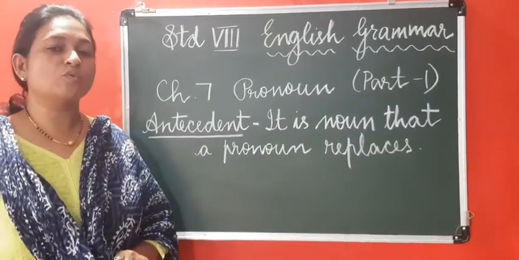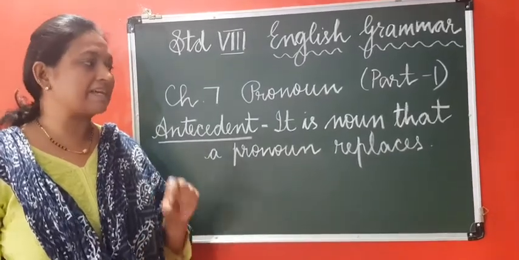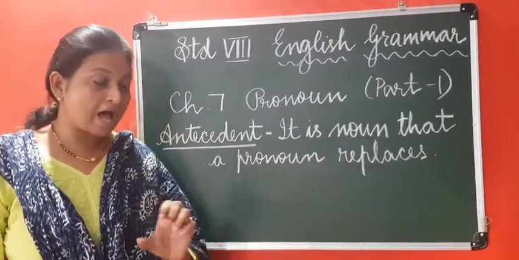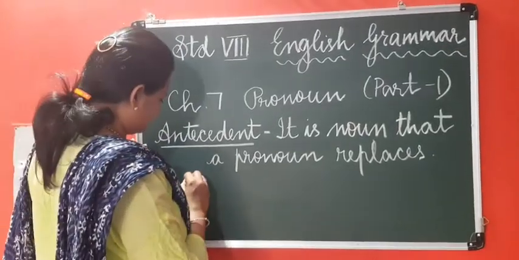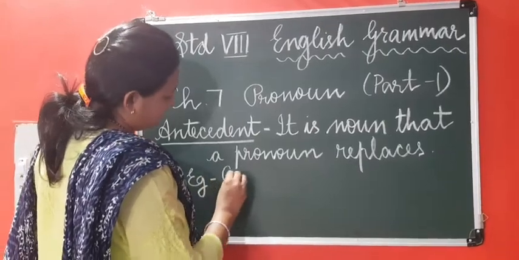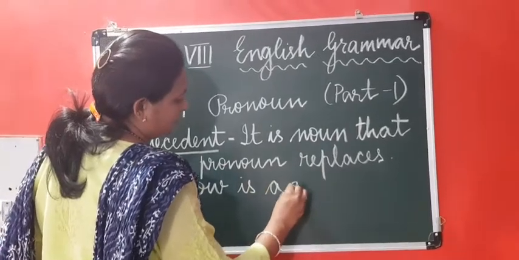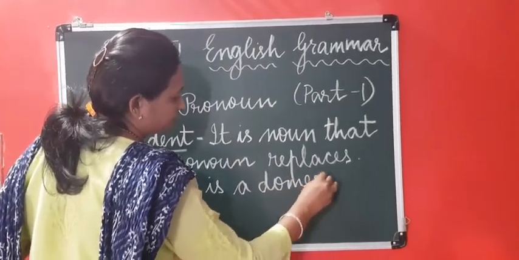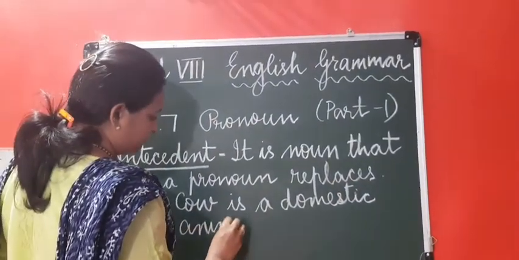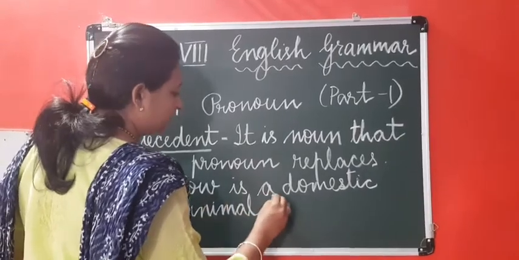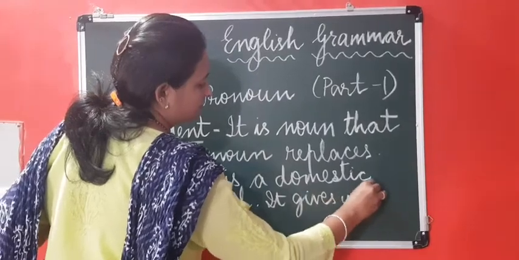Yes, children. Now we'll be learning about antecedent. What is an antecedent? Antecedent is a noun that a pronoun replaces. For example, I'll take the same example which I have taken before. Cow is a domestic animal. It gives us milk.